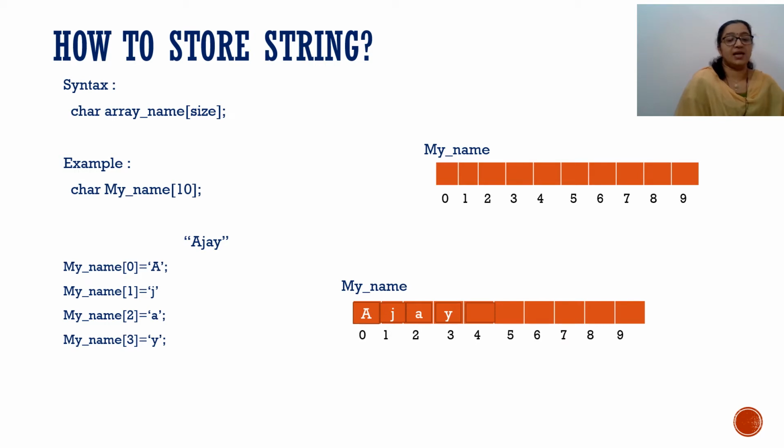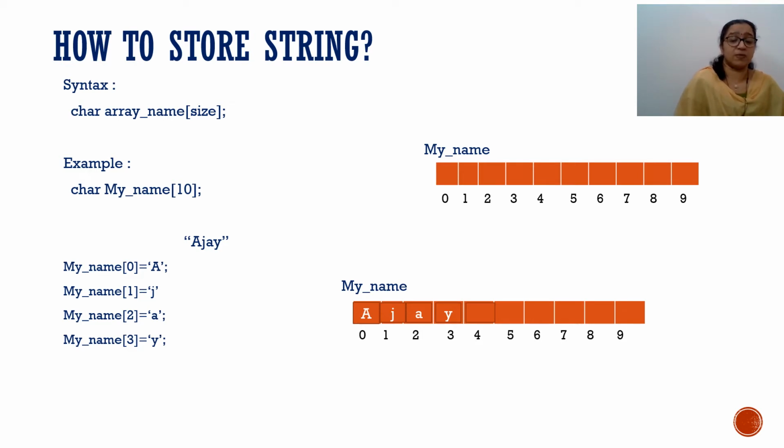But just see, from the fifth cell onwards, there are no characters, so automatically some garbage values will be assigned in it. So when you are displaying this, we'll get wrong information. After Ajay, some characters will display. So what to do? How can we limit it so that we display only till 4?